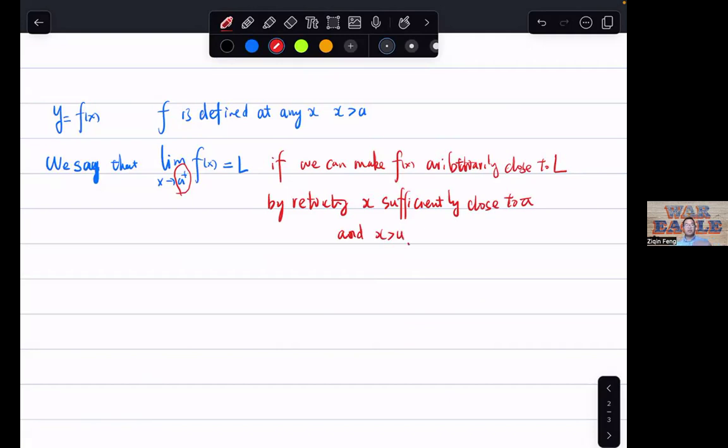So make sure our x value is getting closer and closer to a on the right side. That's the meaning of this.